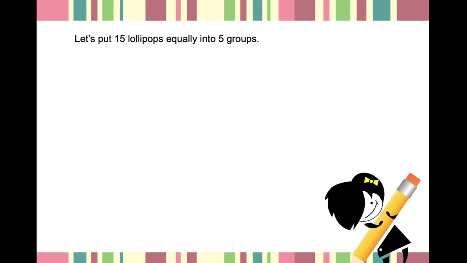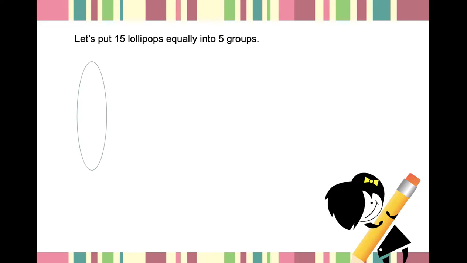Now, let's start with some examples of how we can divide objects into groups with equal numbers of objects in each group. Let's put 15 lollipops equally into 5 groups. Have a look at how we are going to do it.